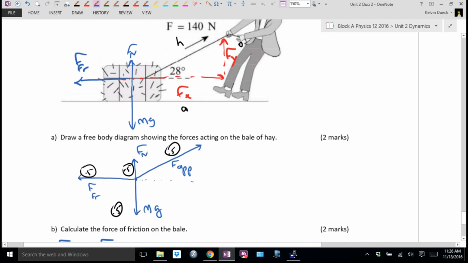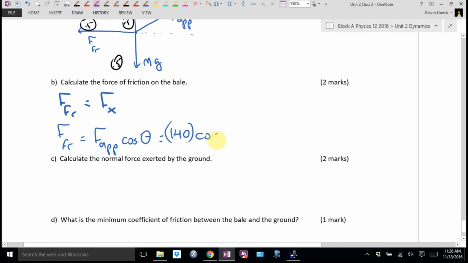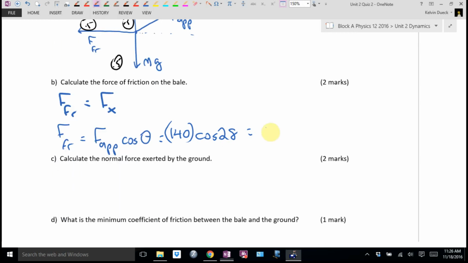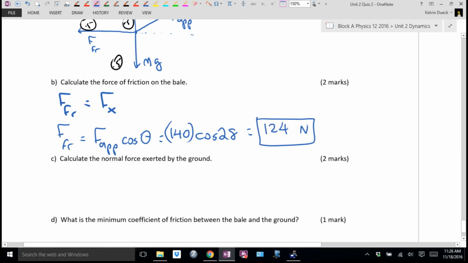And theta is 28 degrees. So 140 times cos 28. Do you get 124 newtons? I'm going to go to 3 sig figs. So if you got that, that would get you 2 marks. I would give you 1 mark for that, half mark for that, half mark for the answer.